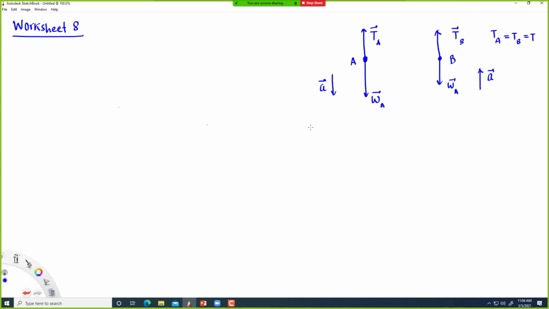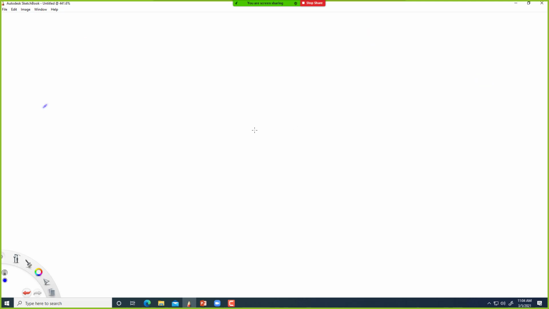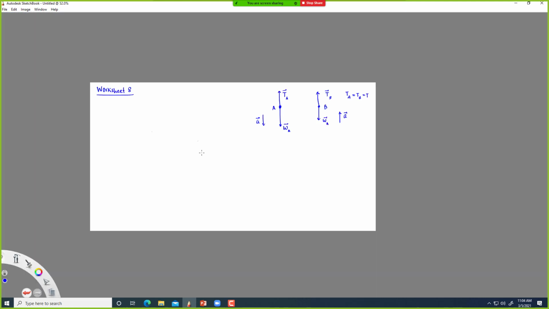Is it right? Yeah, so that's right. So block A is heavier, so it should go down. And block B is lighter, so it goes up. So that's right. Oh, where did it go? Yeah, that's right.